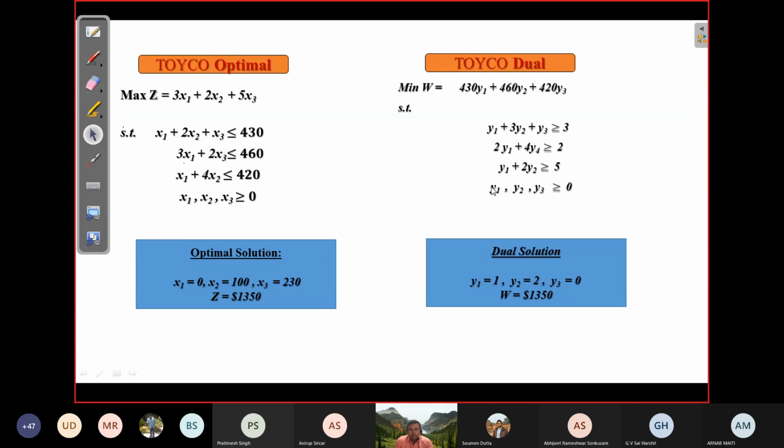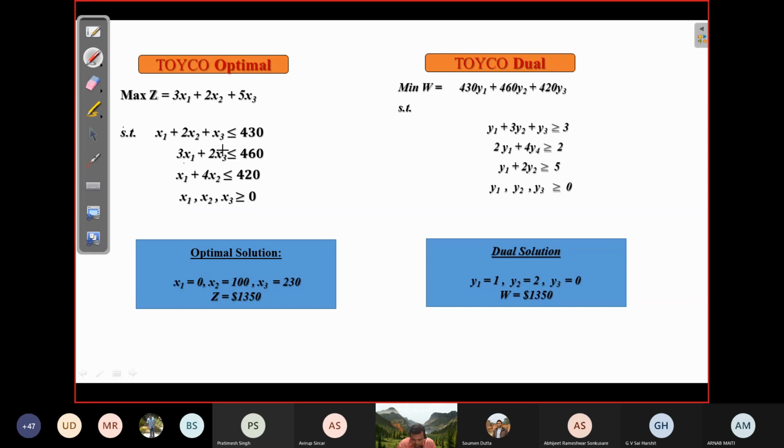So we are taking an old example, which is the Toyco, toy manufacturing company, where X1, X2, X3 are toy trains, toy trucks, and toy cars, right? The objective function is given, associated with some profit values 3, 2, 5, and then some availability constants are given for operations 1, 2, and 3.